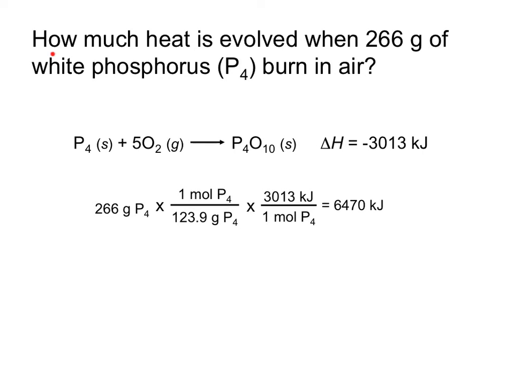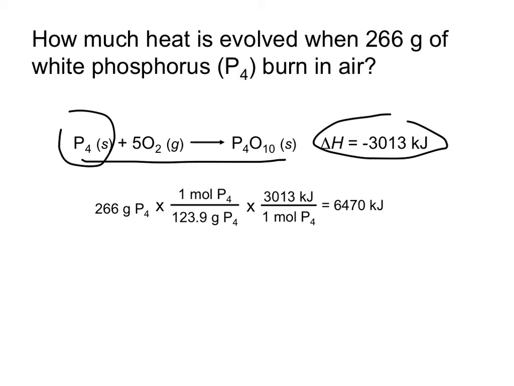So they ask us here, how much heat is evolved when 266 grams of white phosphorus, which is represented as P4, burn in air. So they've given us a thermochemical equation. Notice that the white phosphorus is burning in the presence of oxygen to give us P4O10. And they've given us an enthalpy value associated with that. So if I look at my balanced equation and my enthalpy value, I can establish the relationship between enthalpy and P4, because that's the substance they're asking about.